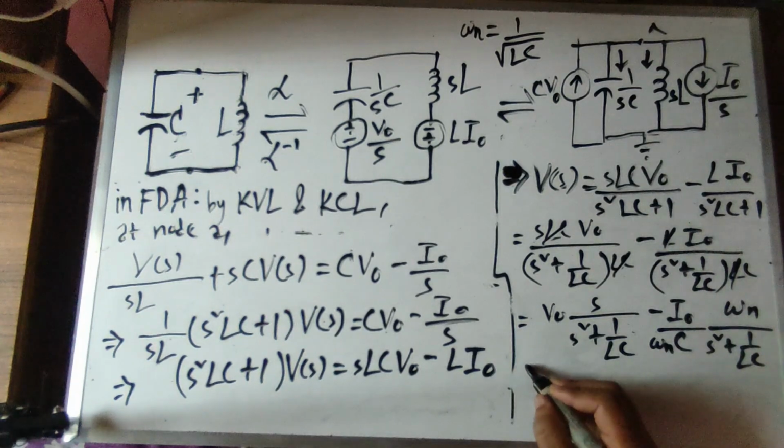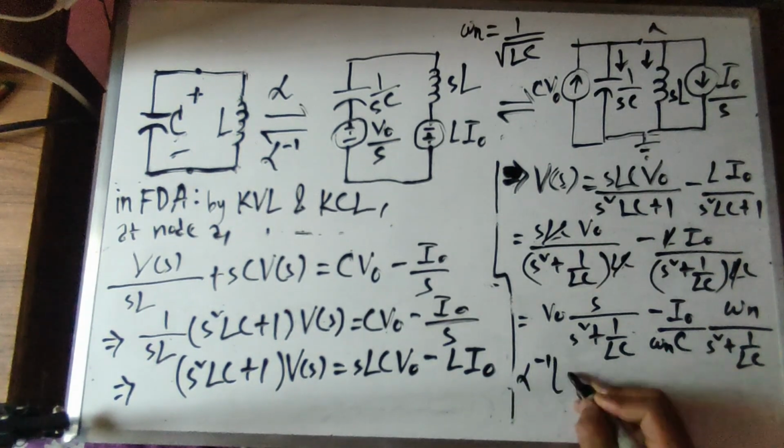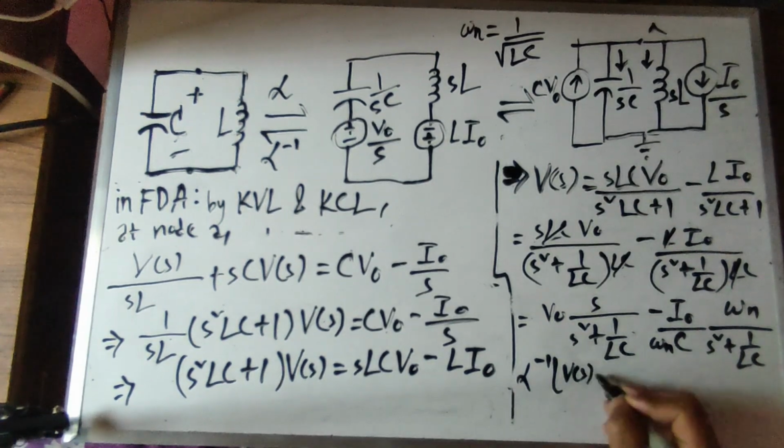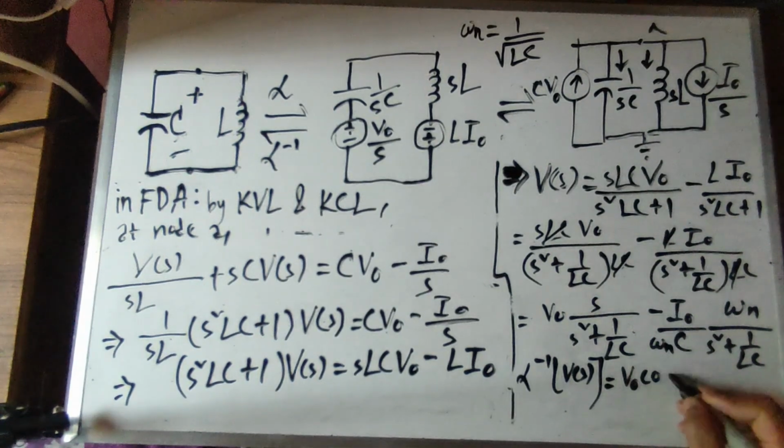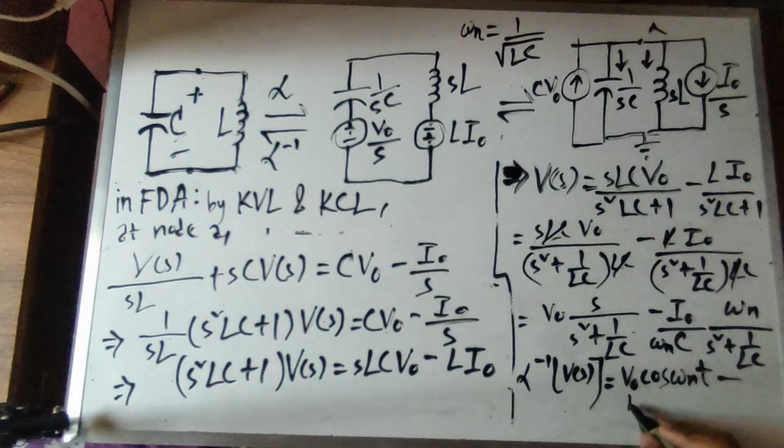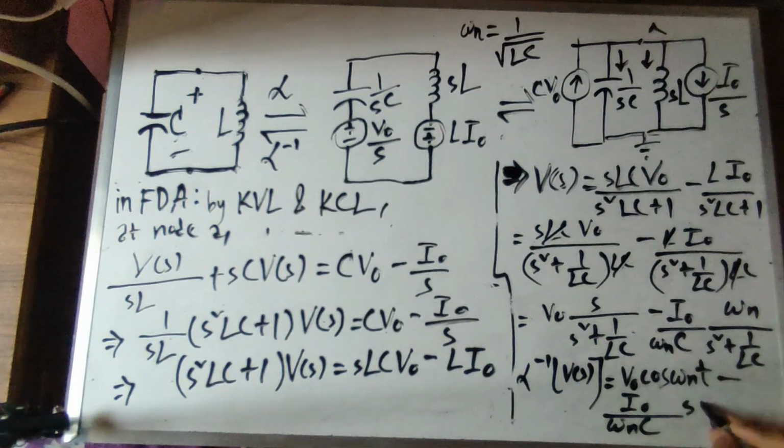Now let us try the inverse Laplace of V(s). This will give V0 cos omega n t minus I0 by omega n C sin omega n t.